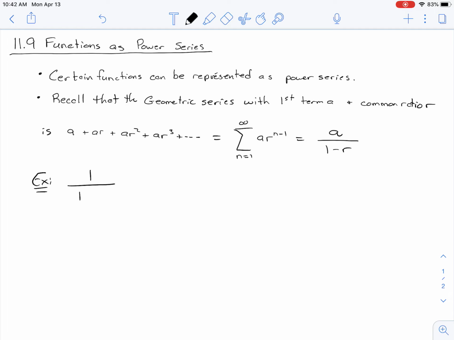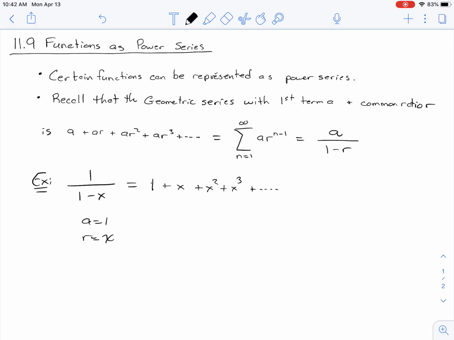1 over 1 minus x. If you look at this, the first term is a which is 1, and the ratio here is x. I'm peeling that out of here because this function has the same form as a over 1 minus r. So our first term is 1, next term is x, x squared, x cubed, and so on.